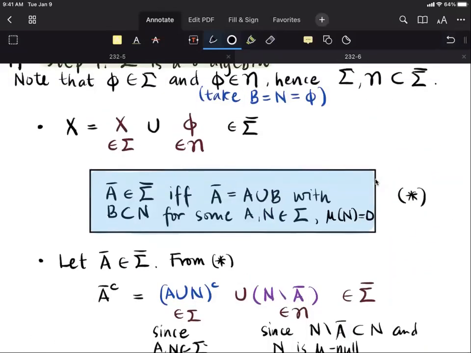So if you have an A bar in sigma bar, you write it as a union of two elements, one in sigma and one in B. Okay, so in this case, the value of A bar with respect to mu bar is just the measure of A. So here we neglect B. Since B is a subset of a null set, roughly speaking, it will not contribute to the measure, so we can ignore that one.